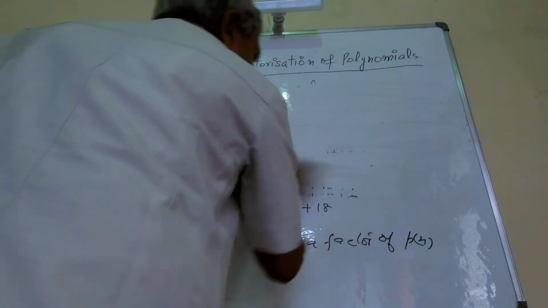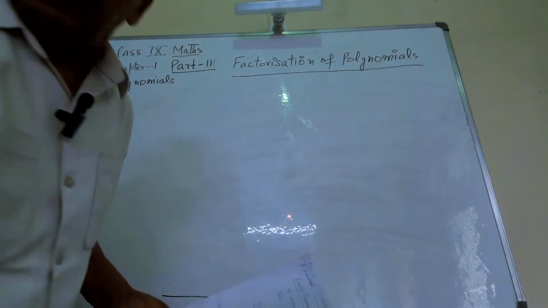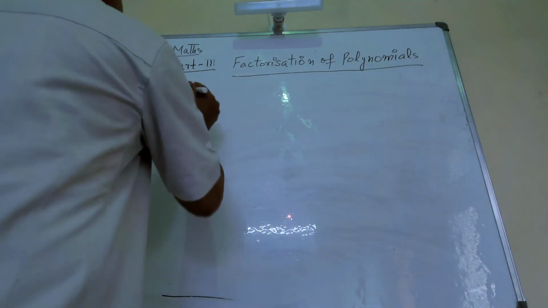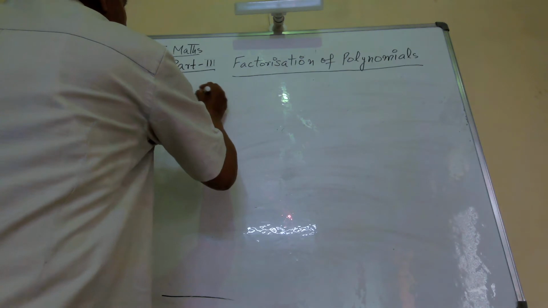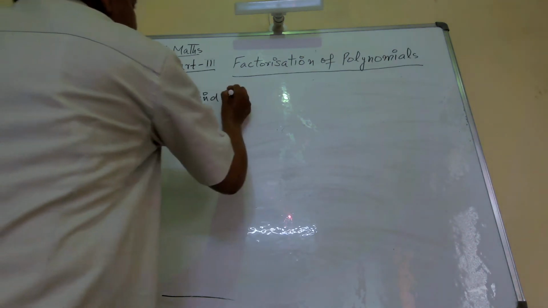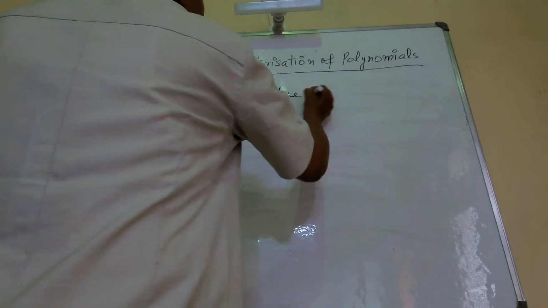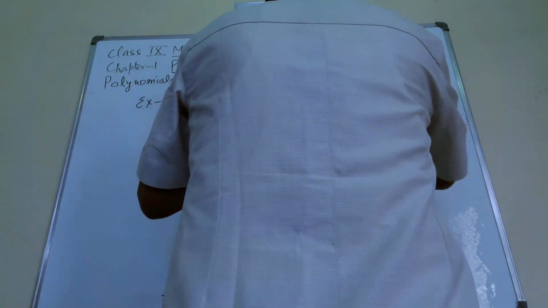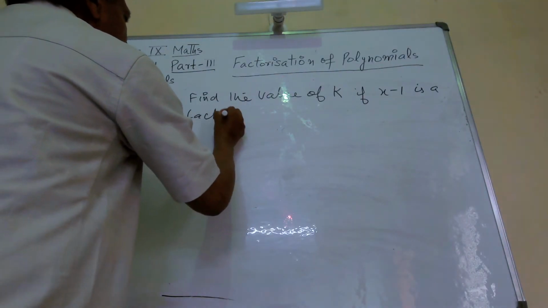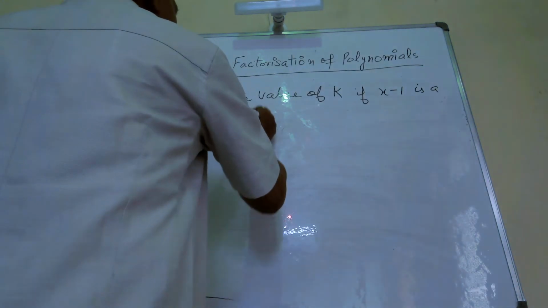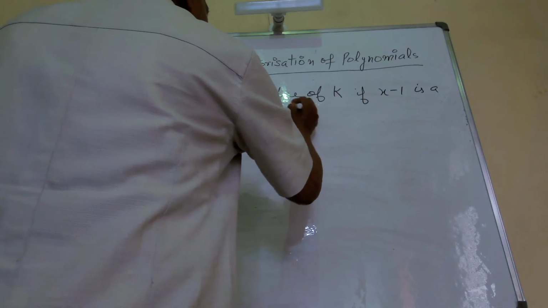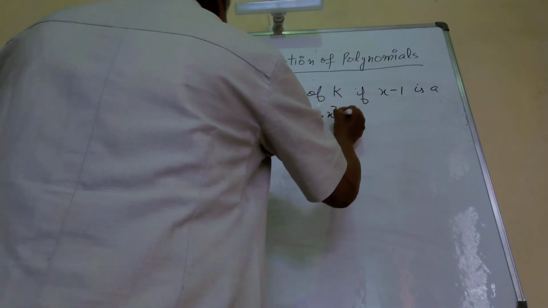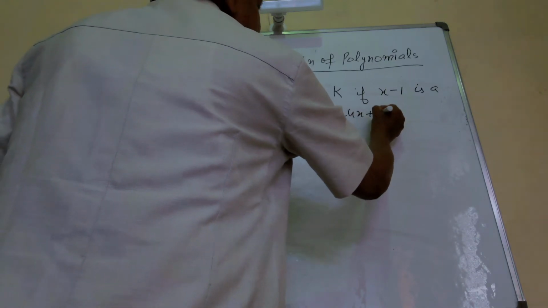Example 2: find the value of k if x minus 1 is a factor of the polynomial 4x cube plus 3x square minus 4x plus k.